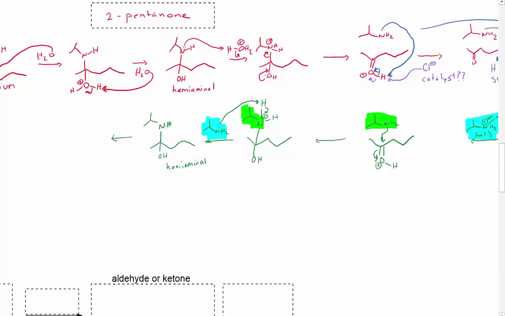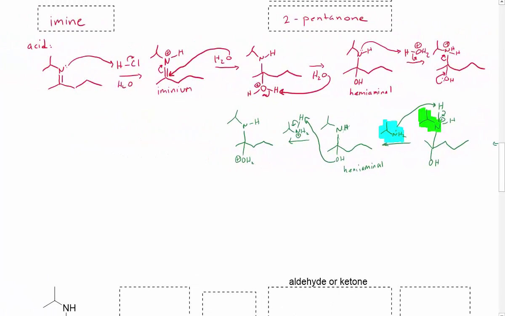From here, the acid, the conjugate acid of the base that I used, would protonate the OH in order to make it a good leaving group. That good leaving group can get pushed out by the nitrogen lone pair.